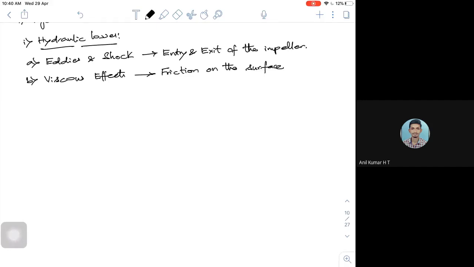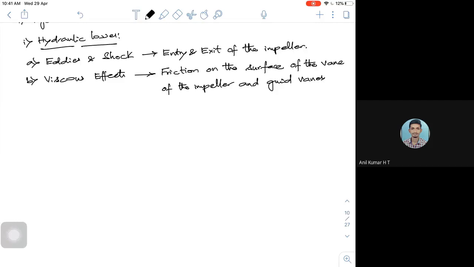The fluid friction occurs on the surface of the vane or blade of the impeller, as well as on the guide vanes, which are stationary. So viscous effects will have friction over there.